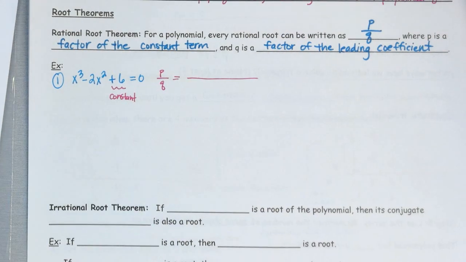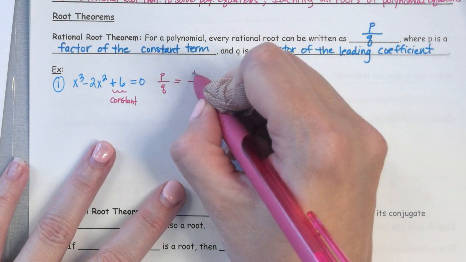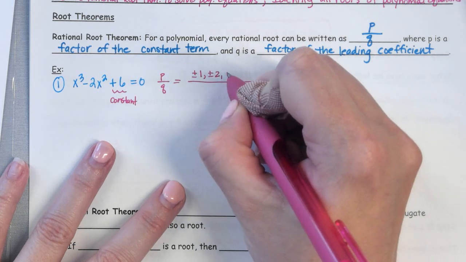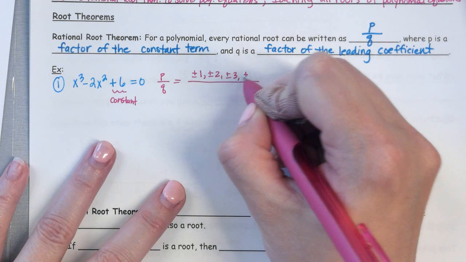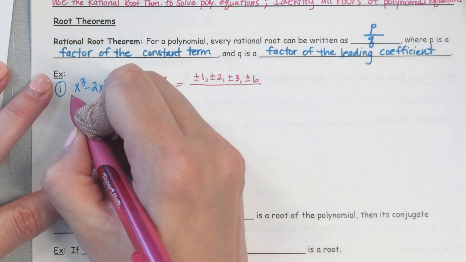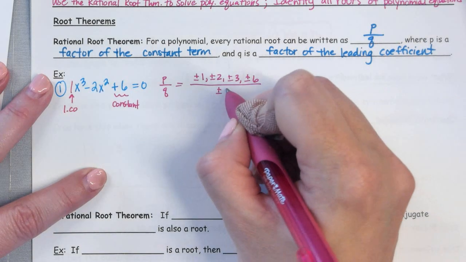So that's your value of P. So for 6, the factors are just what goes into it evenly. So 1 goes into 6 evenly, 2 goes into it, 3 goes into it, and 6 goes into it. Now you do have to put the plus or minus first, because both the positive and the negatives are going to be factors. And then the leading coefficient, if you don't see the number, what is it? 1. Okay, so it's just plus or minus 1 here.